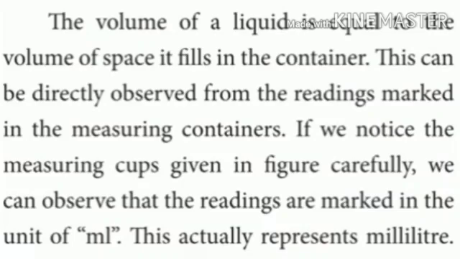This can be directly observed from the readings marked in the measuring containers. If you notice the measuring cups given in the figure carefully, we can observe that the readings are marked in the unit of ml. That is, ml represents milliliter.